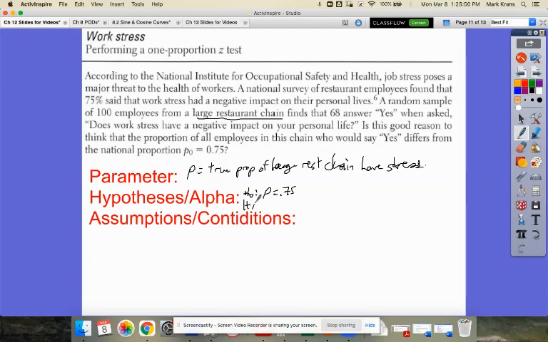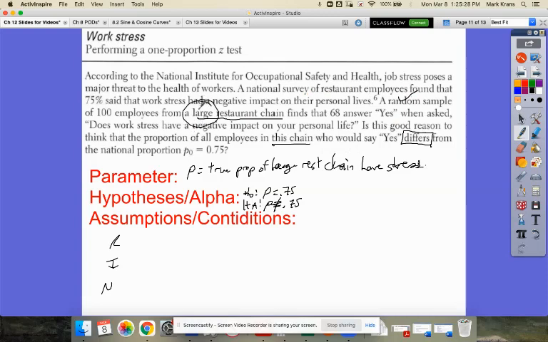The alternative: is this good reason to think that the proportion of all employees in this chain who would say yes differs from, so not greater than or less than, it's that the p for this chain is not equal to 0.75, okay? Assumptions and conditions: random, independent, and normal, okay? A random sample.